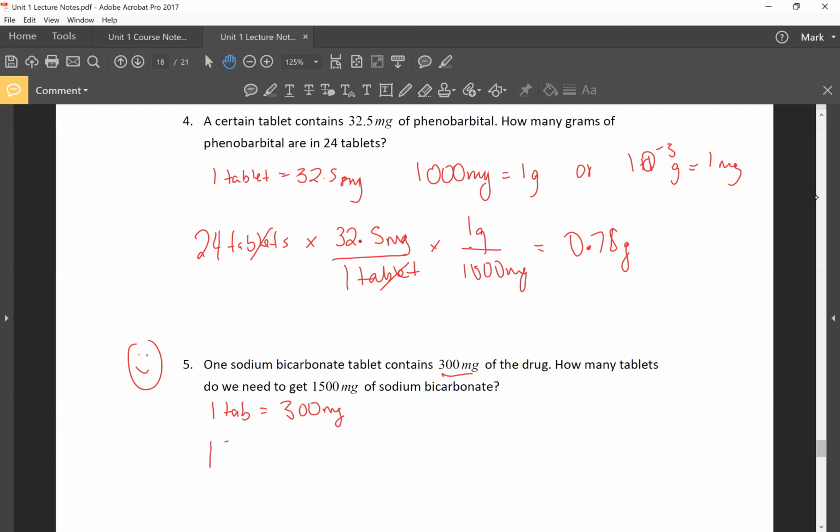I have 1,500 milligrams of sodium bicarbonate. I know that 1 tablet is worth 300 milligrams. You could almost do this without thinking mathematically. 1,500 milligrams, each tablet is 300. How many tablets do you take? Well, 1,500 divided by 3 is 5 tablets.